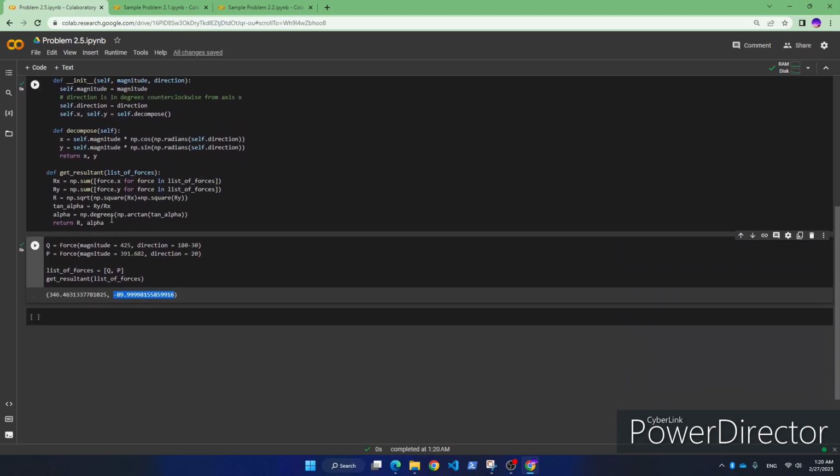But the reason is because we are getting the arctan here, and the tan will be infinity for both positive and negative, right? So I'm pretty sure there is a better way to do it.